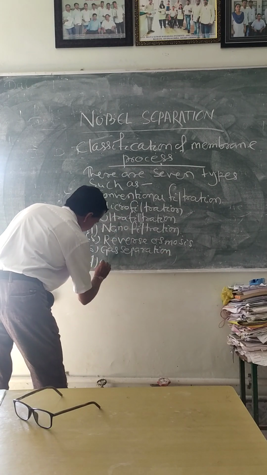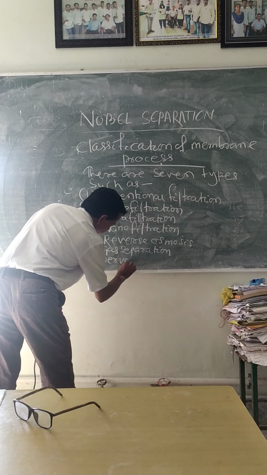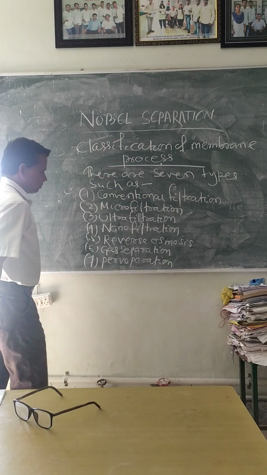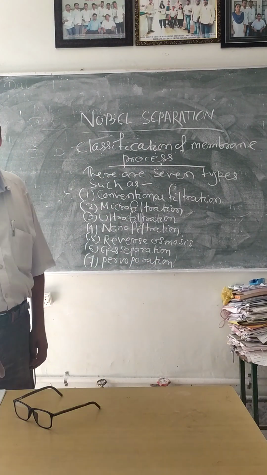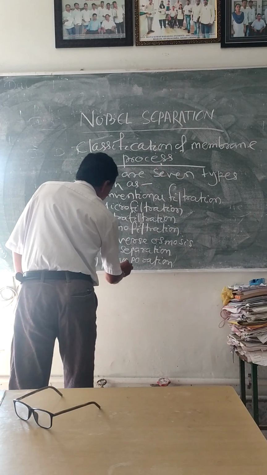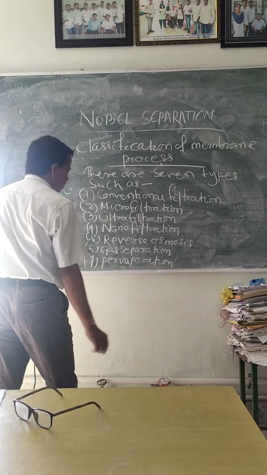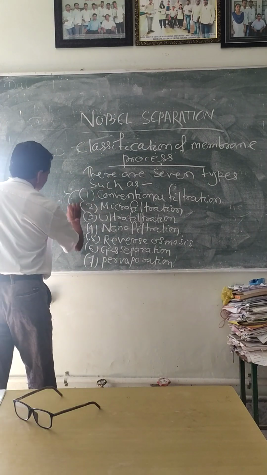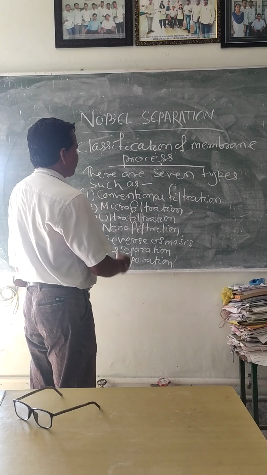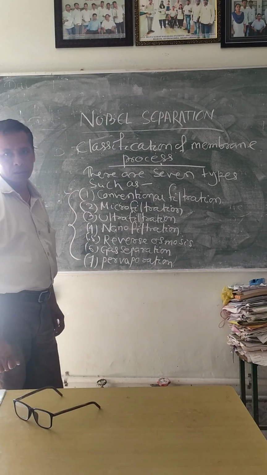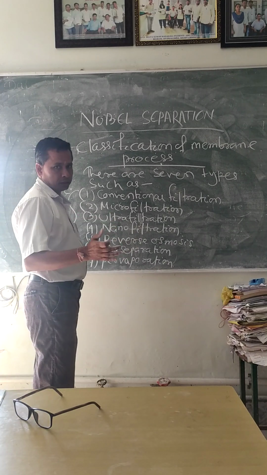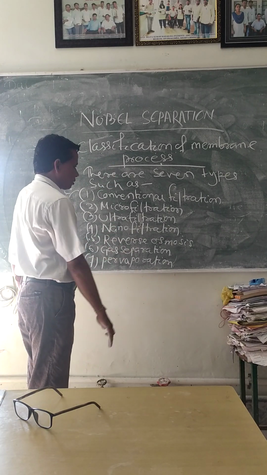Number 7, pervaporation. These are the membrane processes by which we can separate particles.